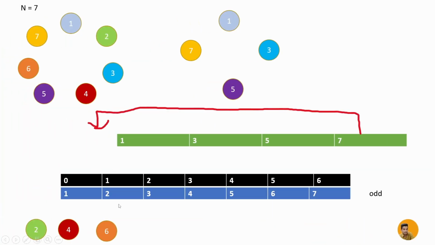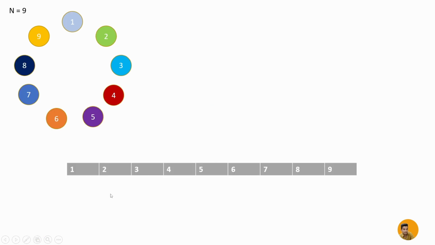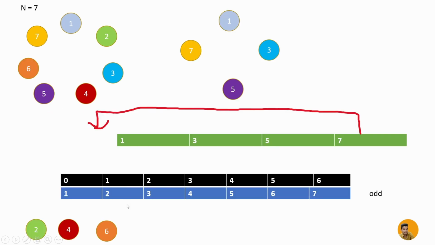If the index is odd, we display 1 2. Okay, next 3 is odd, 4 display, and then 6 display. So we are catching hold of the odd indexes and we are displaying. And then we also need to have the left numbers, right?